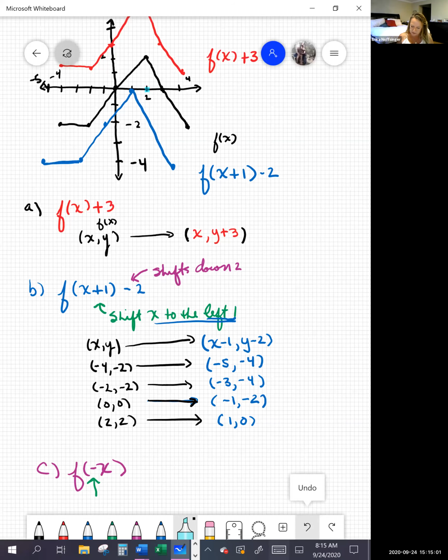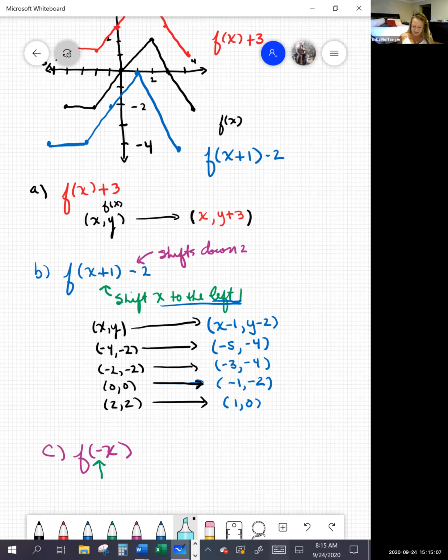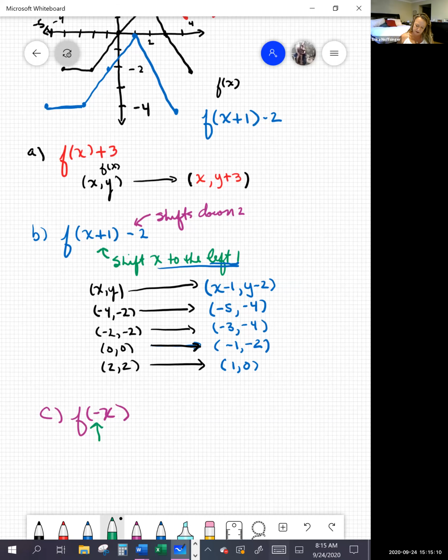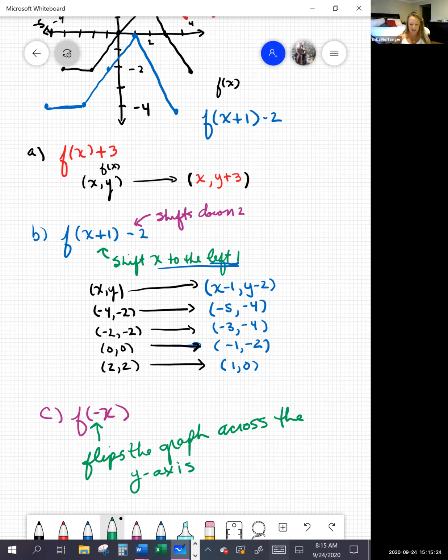Maybe I can get rid of that blue dot. Okay, so this negative flips the graph across the y-axis. Or another way to say it, it's just a reflection.